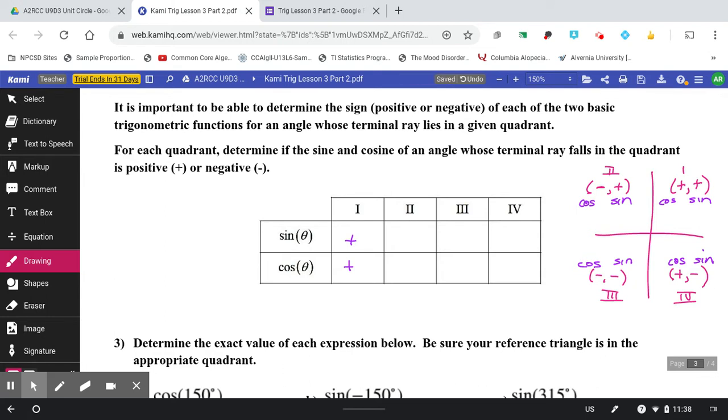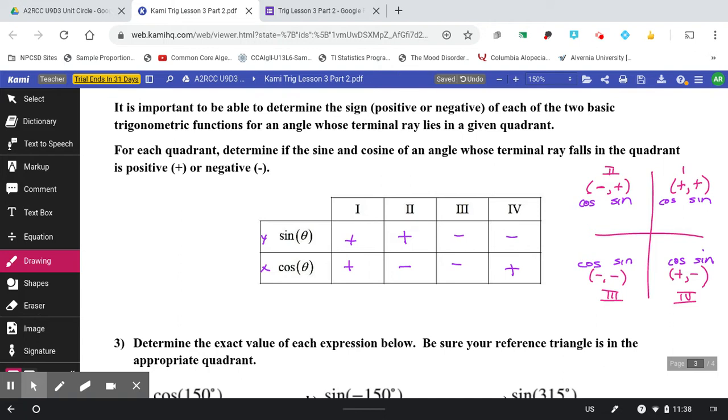In the second quadrant, this is our x and this is our y, so our x is negative, but our y is positive. In the third quadrant, they're both negative, and then in the fourth quadrant, the y value is negative, but the cosine, or the x value, is positive. So those are the signs.